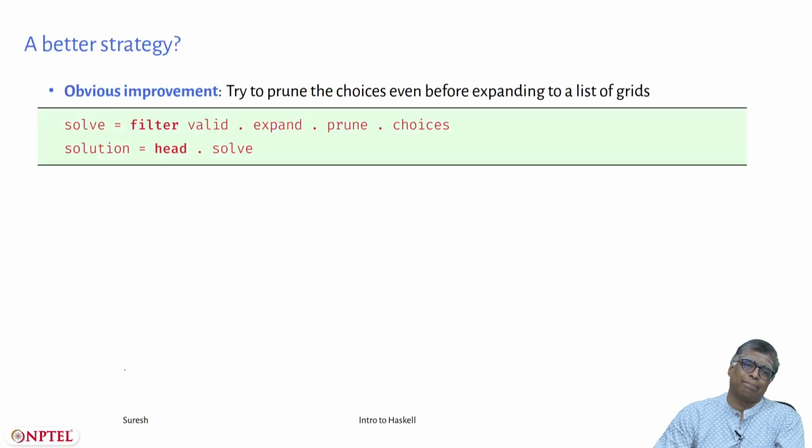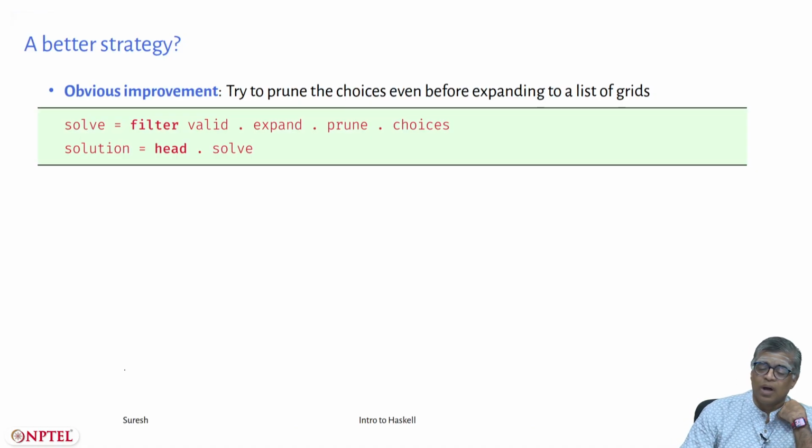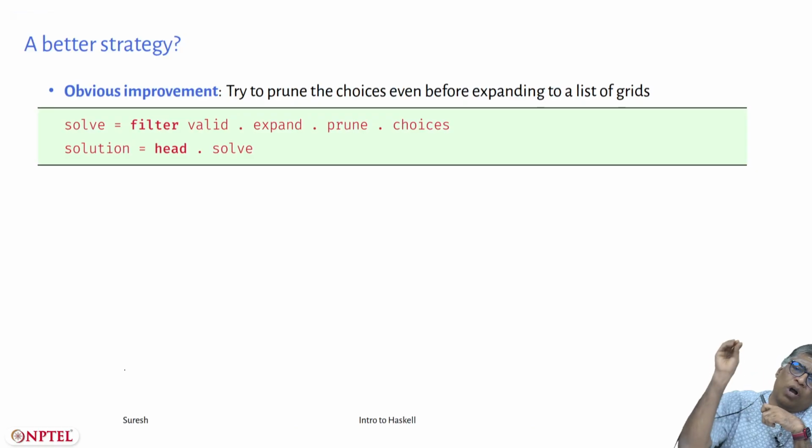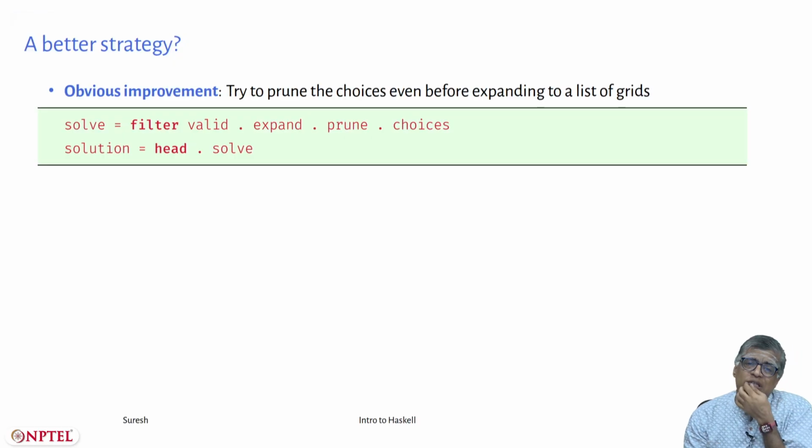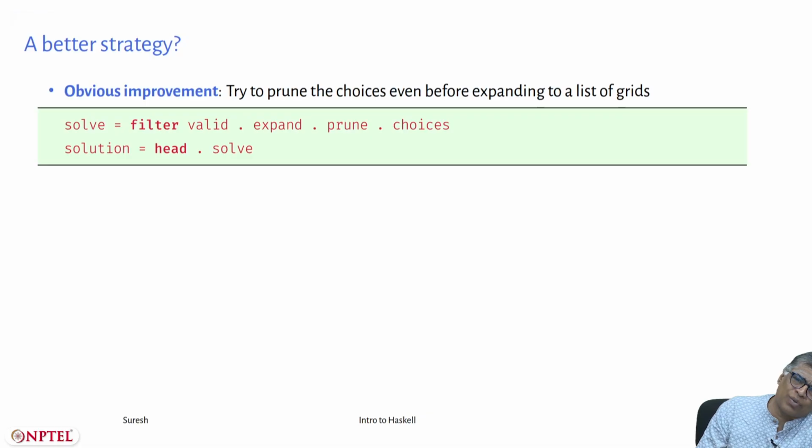It is really indeed naive, rather thoughtless, to try to fill in all possible values, all possible choices, and then expand it. Rather, what you want to do is, I'll first fill in all the blank cells with choices and then I'll prune them. How do I prune them? This is what we do mentally when we solve Sudoku.